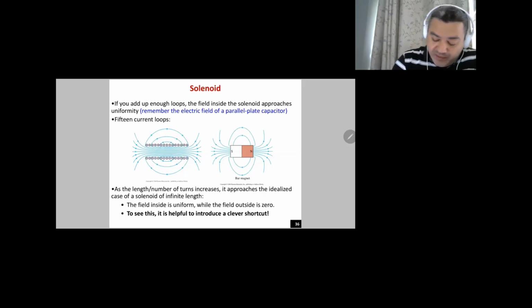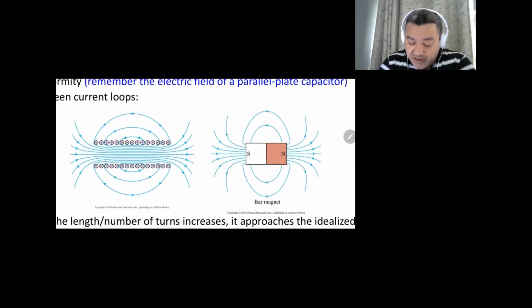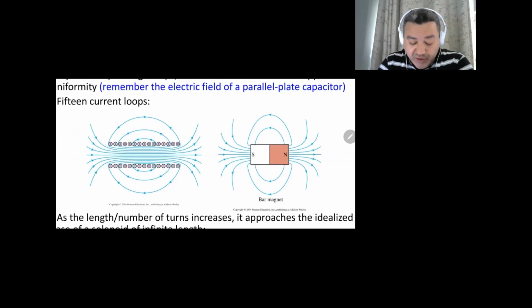We have also seen that the magnetic field for the solenoid would be similar to the magnetic field of the bar magnet, with the only difference that the bar magnet is a permanent magnet and the solenoid is a temporary magnet. The magnetic field disappears once we switch off the current into the solenoid.